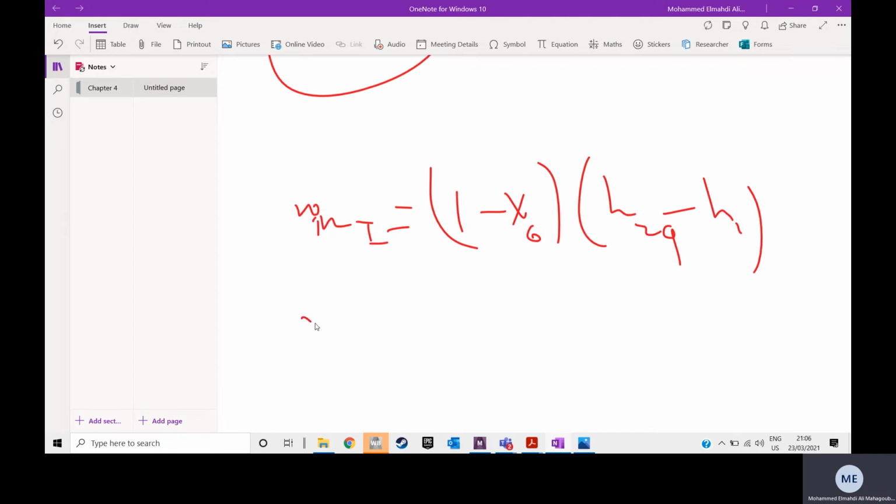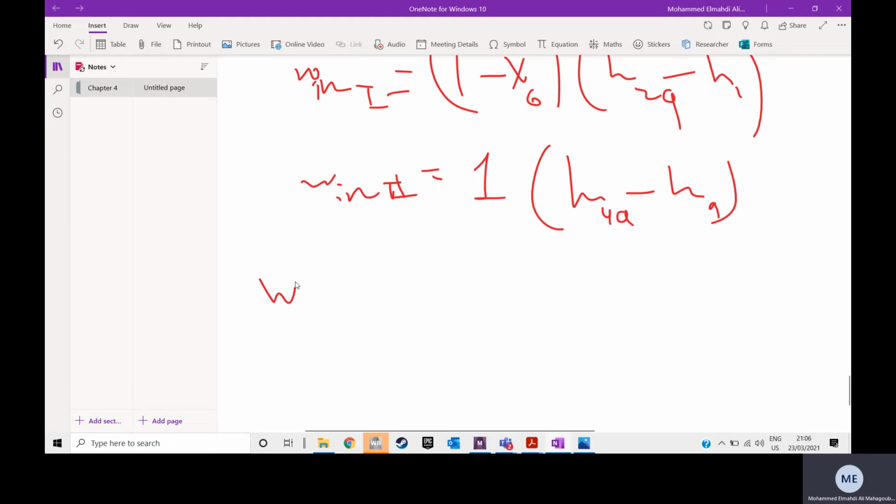And then the specific work in 2 doesn't have this, so it is 1, the total mass flow rate, multiplied by h4 minus h9. And again, H4 actual.